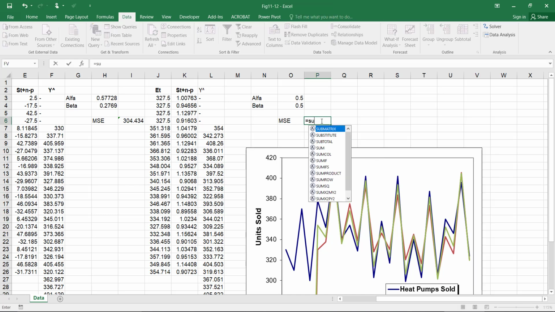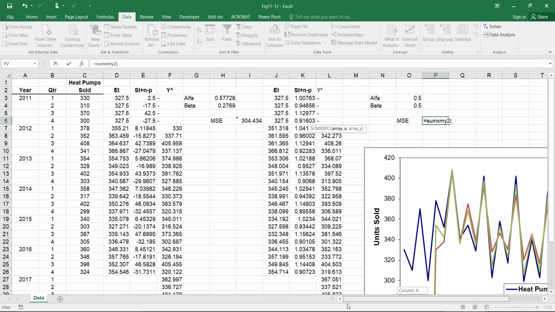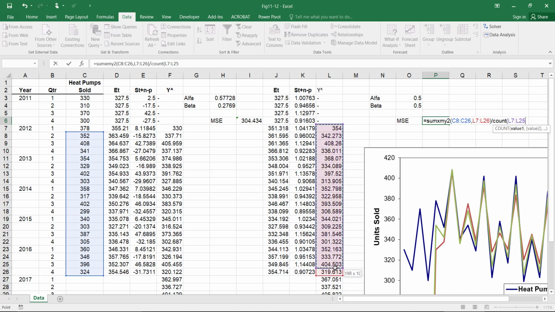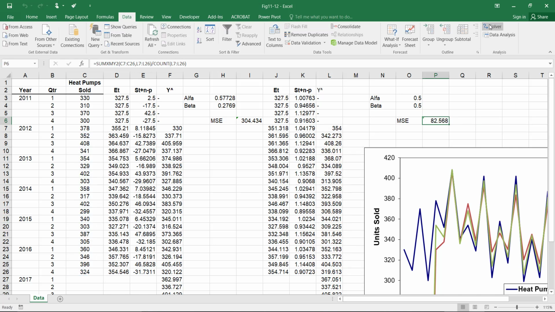So SUMXMY2 gets the square of the difference between two vectors that we have. This is the first vector and this is the second vector, and then let's divide by the number of observations, so it becomes this value.